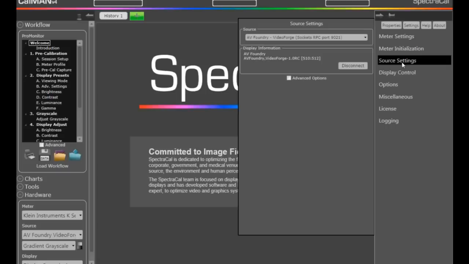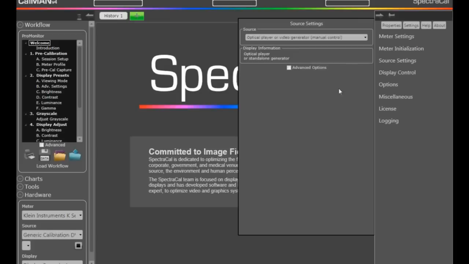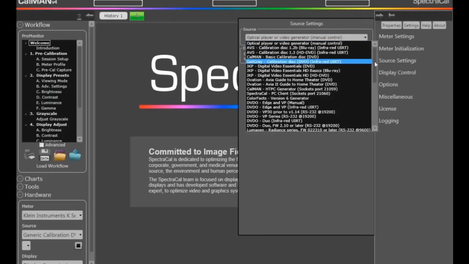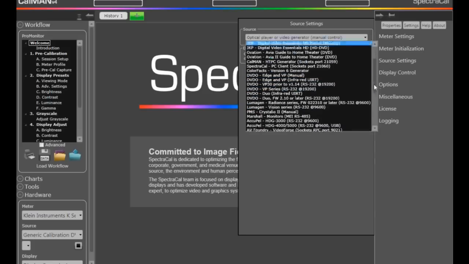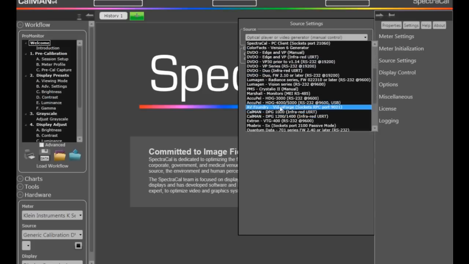Likewise, we're going to be connecting to a test pattern source. In this case, today I'm working with the AV Foundry Video Forge generator. Let me disconnect that and just show you the process that we would go through for connecting to a particular source. We would normally, from the list of available test pattern sources, select whichever hardware item it is that we're using for test patterns.